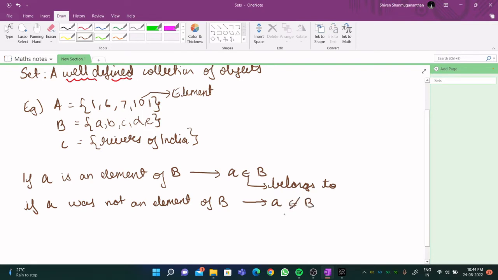So this is read as does not belong to. It's basically the belongs-to symbol, but with a cross through it, which means it's the exact opposite. Fine. One cannot say consider the set A of some positive integers because it is not sure whether 3 belongs to A or 3 does not belong to A.